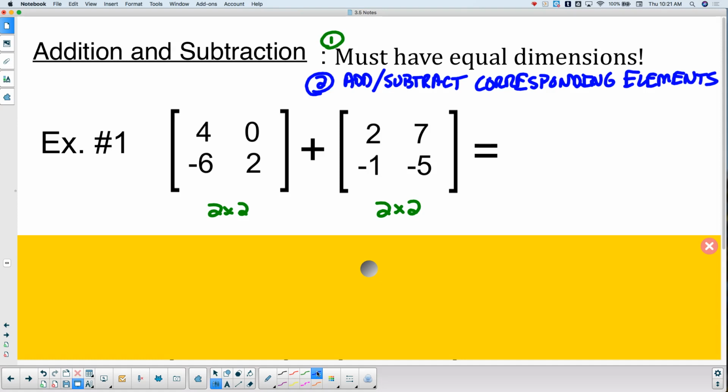For me, I don't draw my brackets because I don't have lines on the board. I put my brackets in last, just so you know. But they still will show up. So, if I'm going to add or subtract the corresponding elements, that means that this 4 is going to be added to 2.